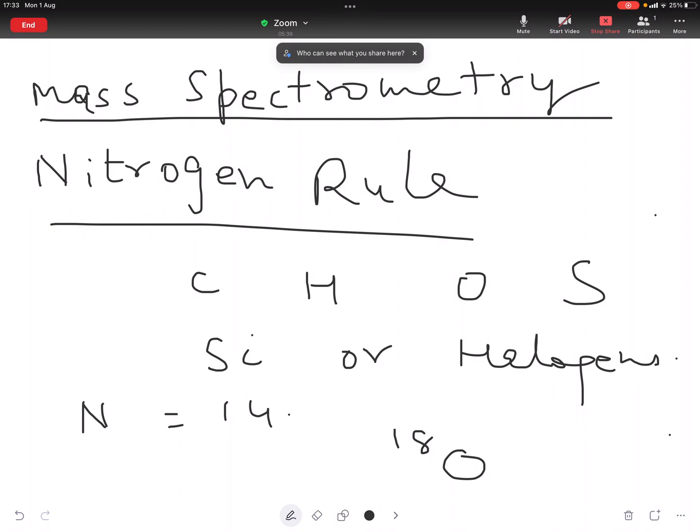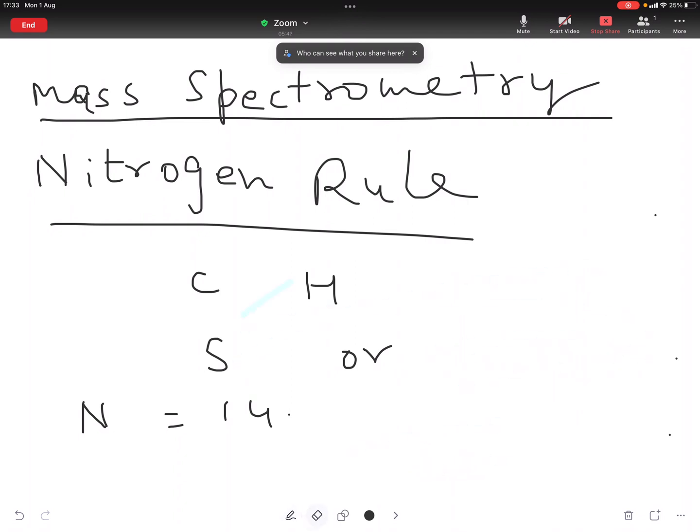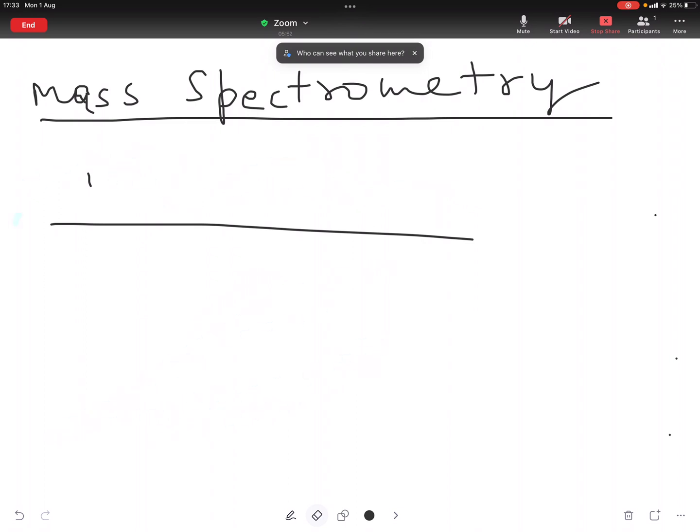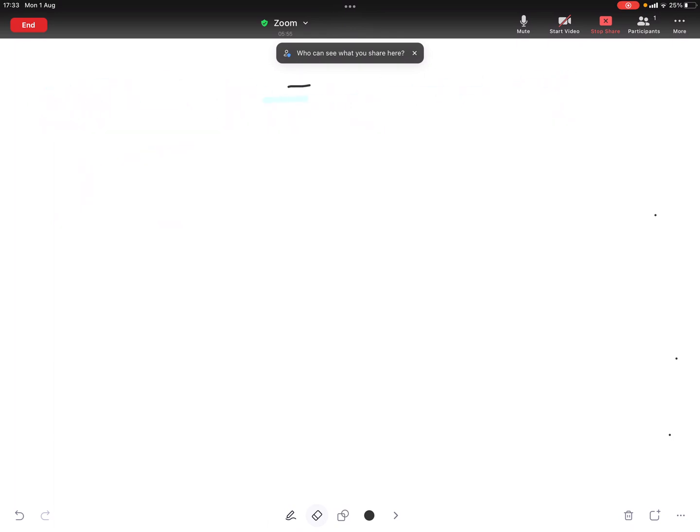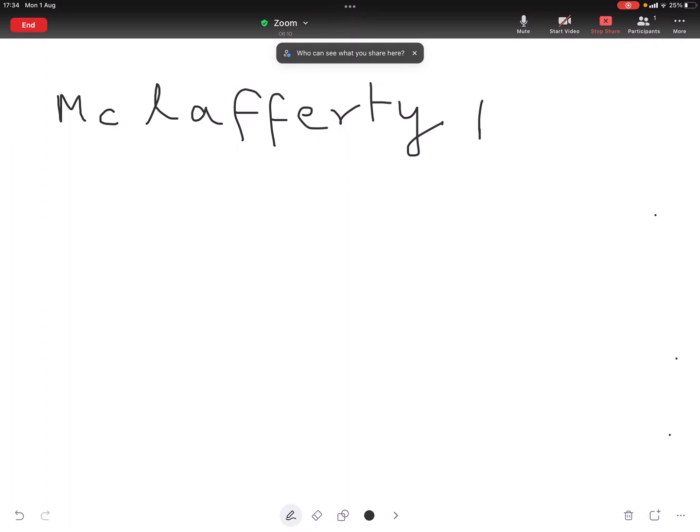Next is, what is McLafferty rearrangement? In mass spectroscopy, McLafferty rearrangement.